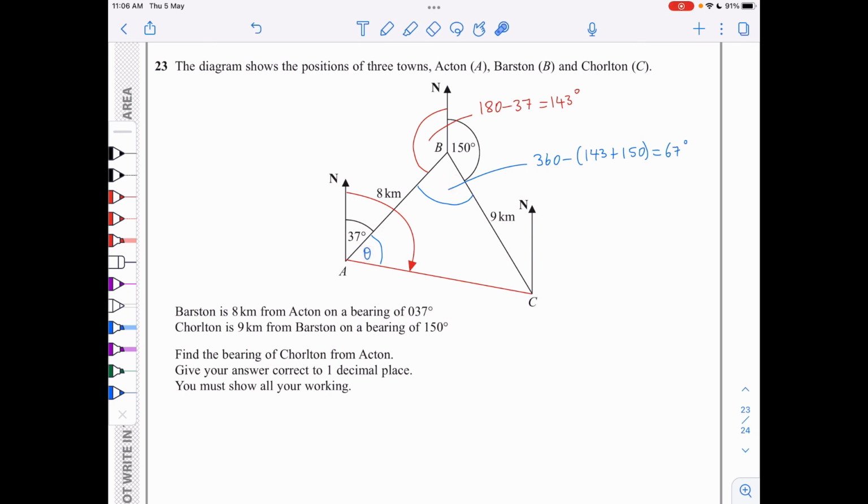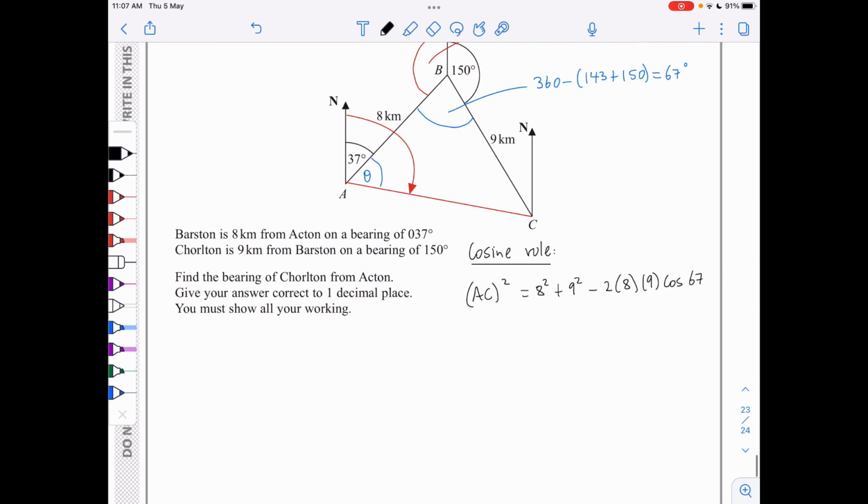I will start by using cosine rule to find AC. So the cosine rule, I always start opposite the angle I've got. So I'm going to say AC squared is 8 squared plus 9 squared minus 2 times 8 times 9 cos of 67.